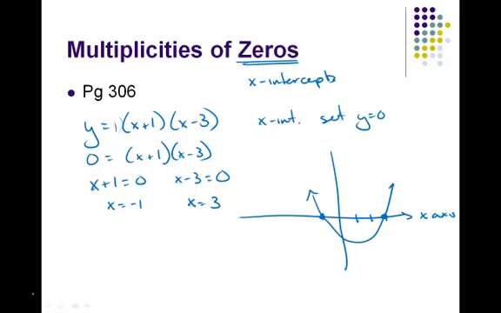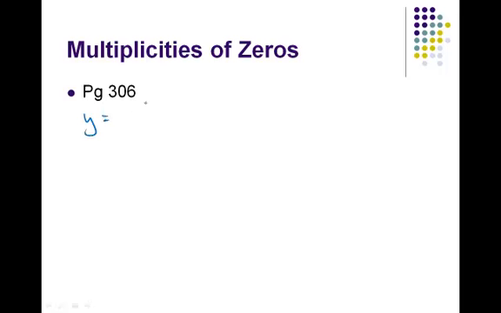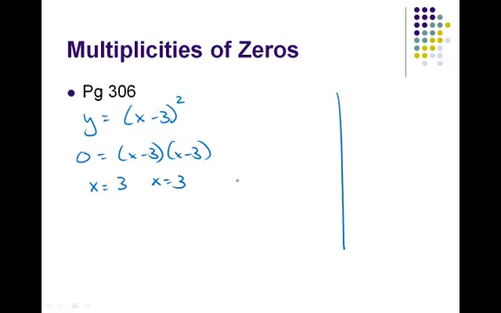Now when we have multiplicity of zeros, different things may happen at these x-intercepts. So let's take another example. If I have this function, x minus 3 squared, my zeros are x minus 3, x equals 3 and x equals 3, that means it only is going to touch the x-axis at one point.